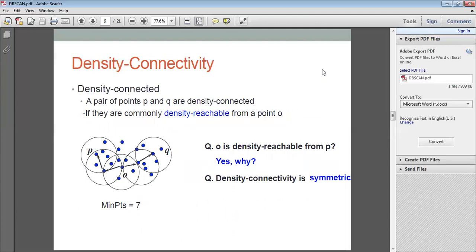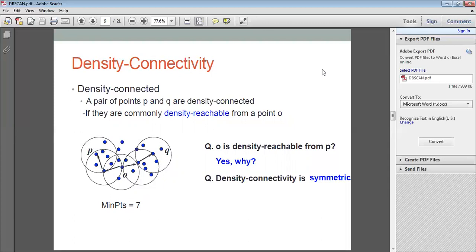Here again, the min points criterion is equal to 7 and O satisfies the criterion and is a core point. Points P and Q are density reachable from O, but both of them are not core points, but they are connected to a core point via the density reachable condition.